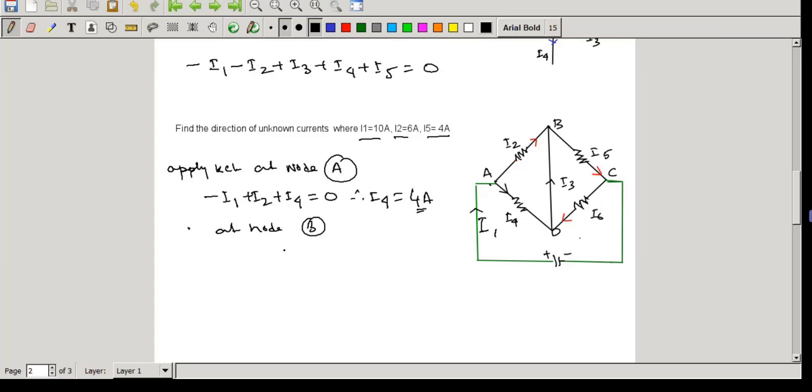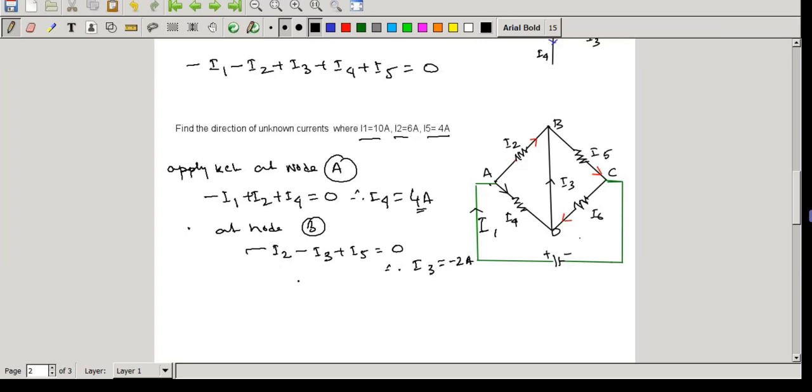So as per KCL, we can write minus I2 minus I3 plus I5 equals 0. From here we find the value of I3 equals minus 2 ampere, because I5 is given as 4 ampere and I2 is also given.